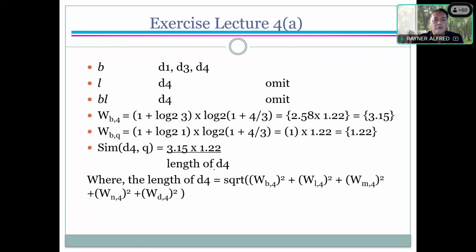Okay, so the length of D4 will be what? We use B only. It's supposed to be B. Yeah, because these are all the words, not the terms that we have. Do we have M?